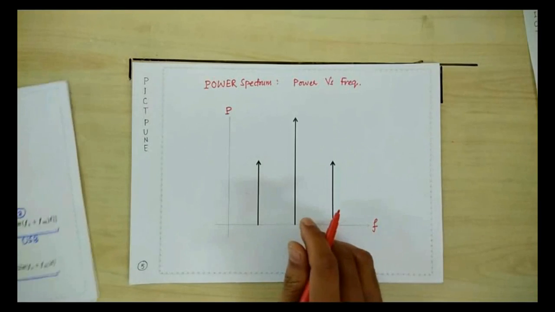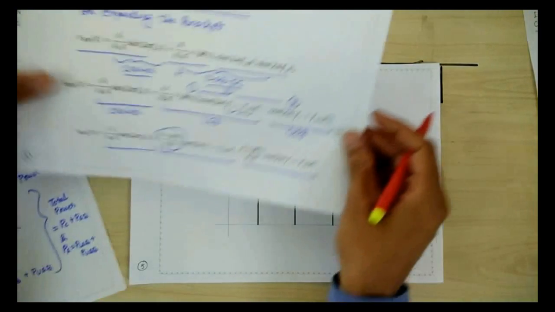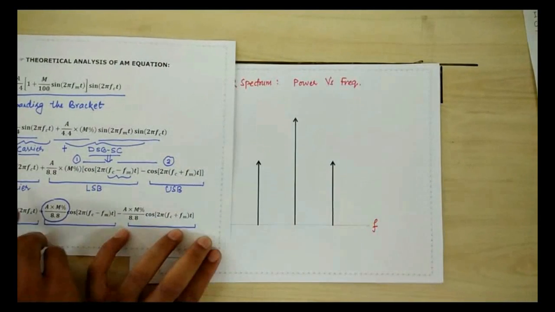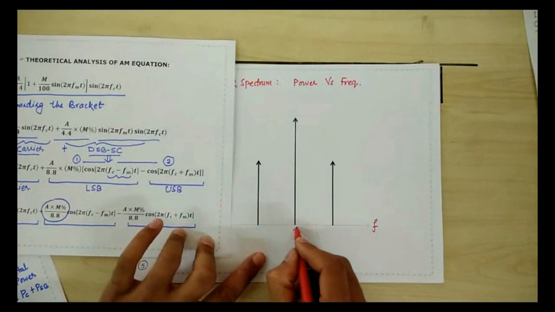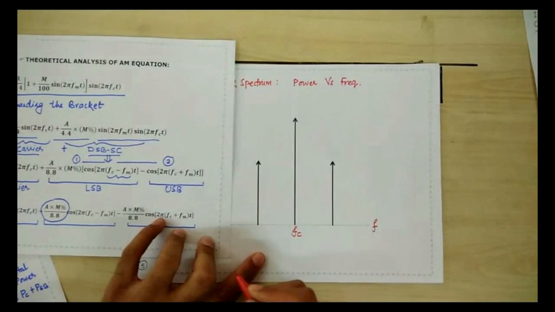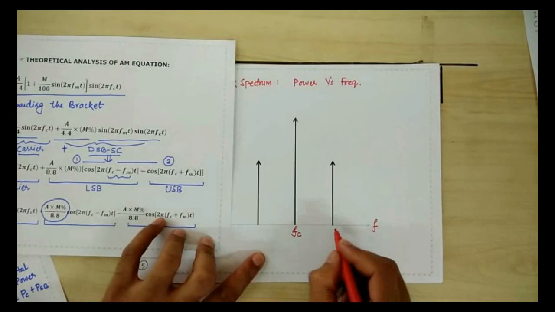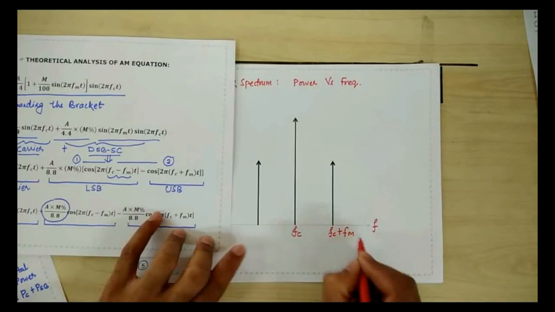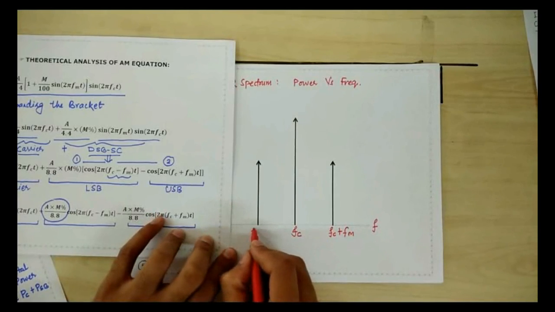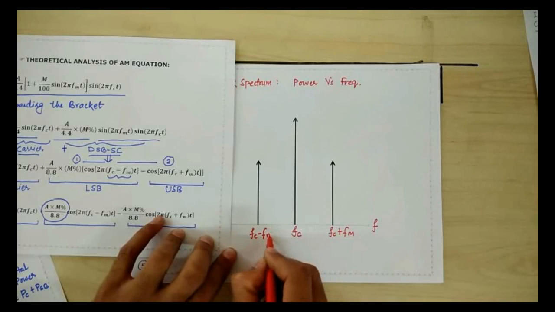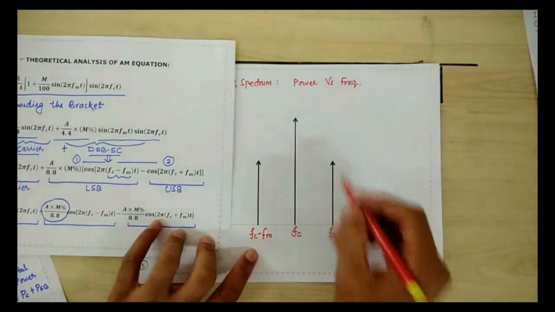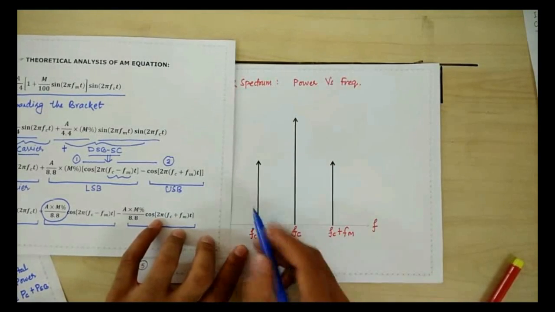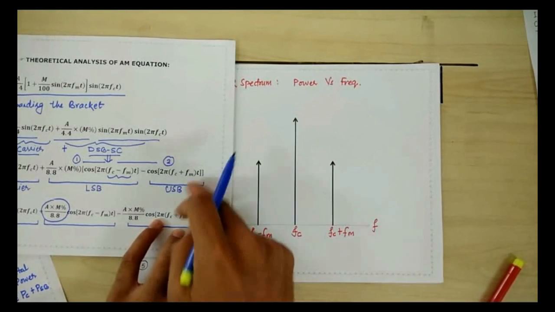The equation which we have derived has the carrier term present at frequency FC, the upper sideband present at FC plus FM, and the lower sideband present at FC minus FM. Since this is power, we just write the power of each. So these are the three impulses which we get from this equation.